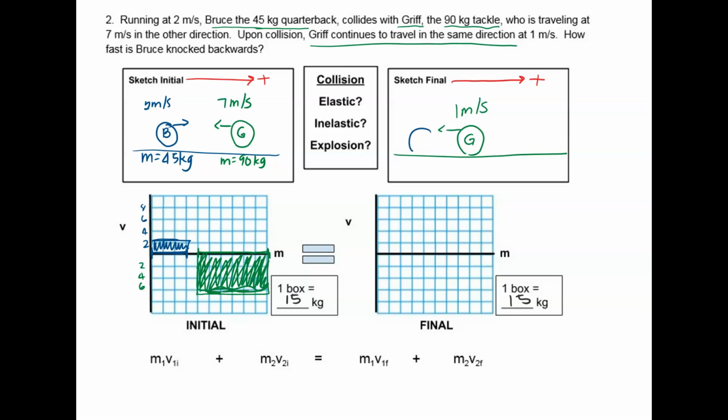We're trying to find out how fast Bruce was knocked over. So we'll keep the same graph, and Griff will still have 1, 2, 3, 4, 5, 90 kilograms. And now he's at 1 meter per second.